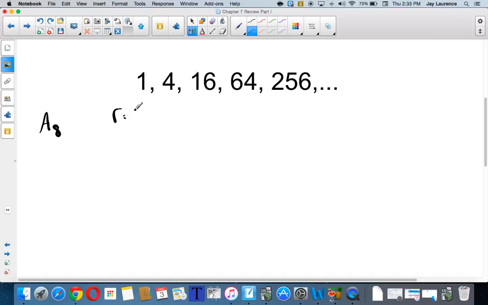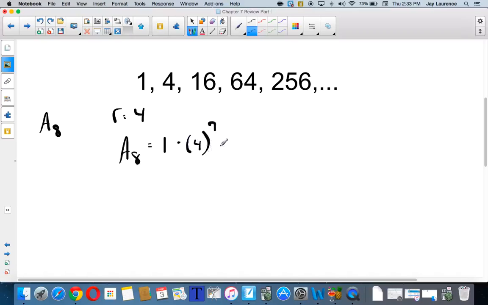And in either case, I'm going to get 4 for my r. So to find the 8th term, a sub 8, I'm going to take 1, and I'm going to multiply it by 4, which is r, and I'm going to raise that to the 7th power.